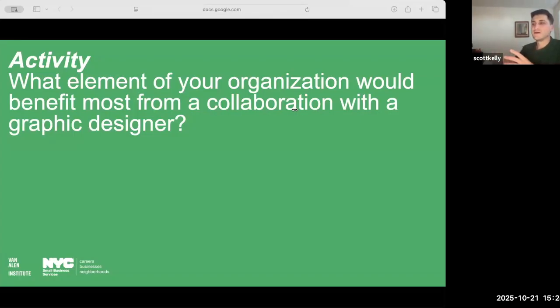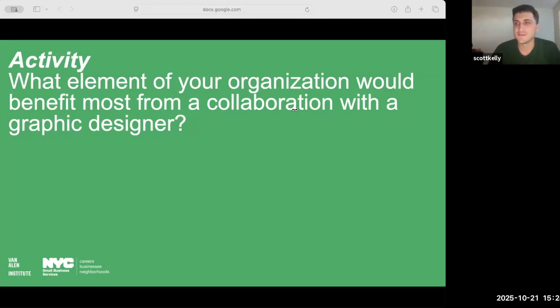Instead of saying, oh, we need flyers for this one event, or, oh, we need to update our menu, try to think more broadly: how can we create a system that paves the way for us creating flyers, websites, social media, things like that? The more systematically you can think, the more every time you create a new thing, you're constantly evolving and reaffirming that system.